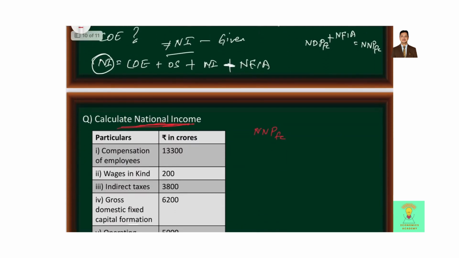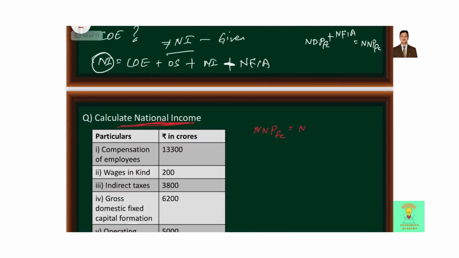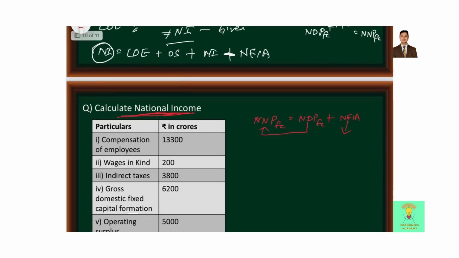Now how to get NNPFC from NDPFC, all this has been discussed. I will put the link in the description below of my previous video. NDPFC plus NFIA. So from domestic to national, we add the net factor income from abroad.